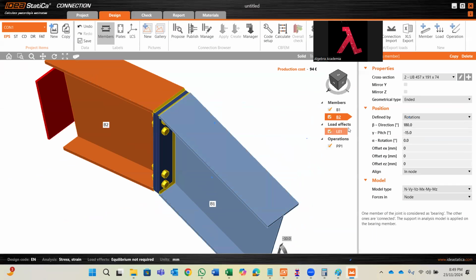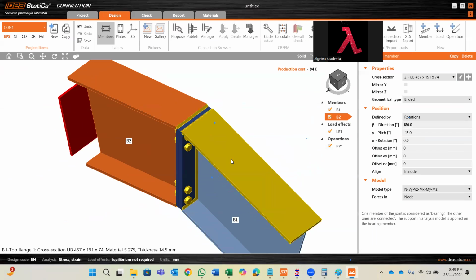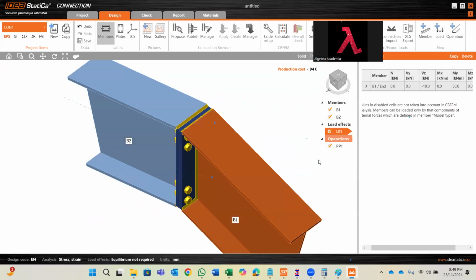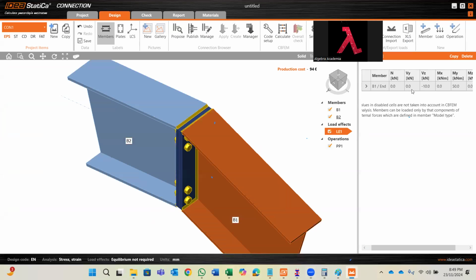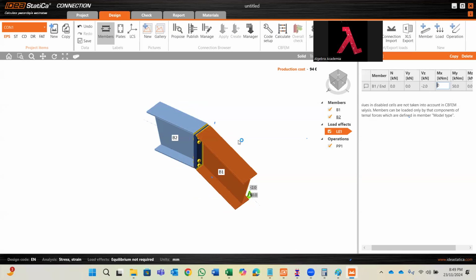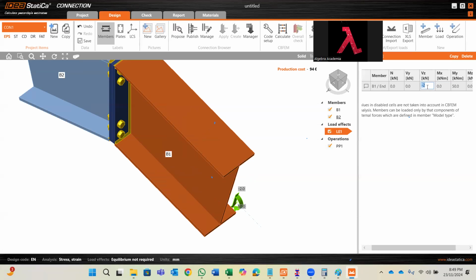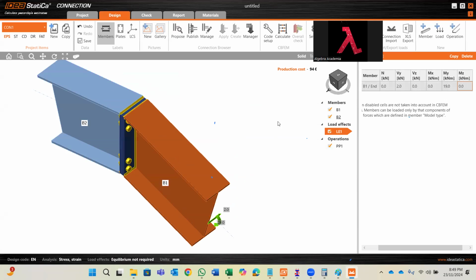Let me change the forces. The lateral shear is 2 kilonewton, and the moment is 19 kilonewton meter.